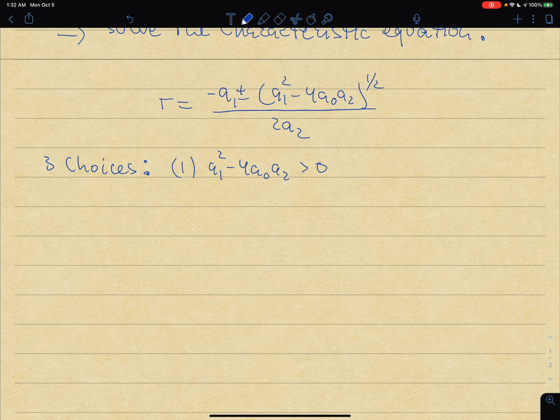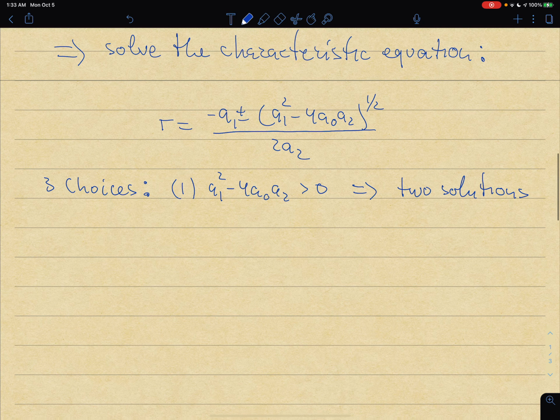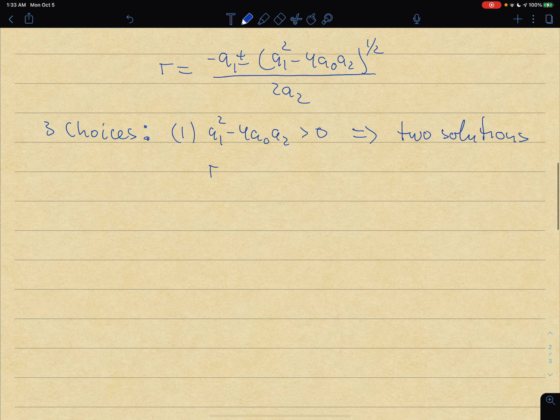In this case, I can take this square root. And once I take a square root, then I get two solutions, r1 and r2, of my characteristic equation.